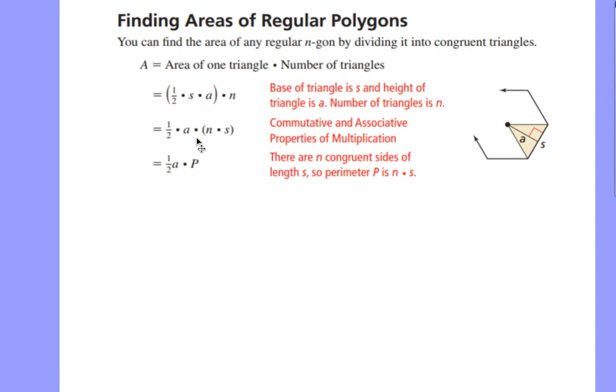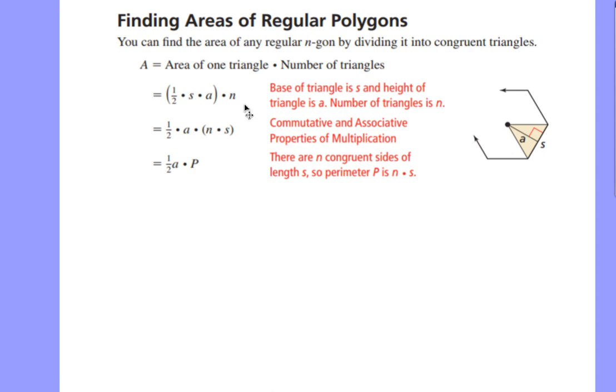Why did I want to break this up? Because the number of sides in the polygon times the value of each of those side lengths is really just the perimeter of the entire polygon. That's all that it is. I know some of you are wondering, why are we making it more complicated?